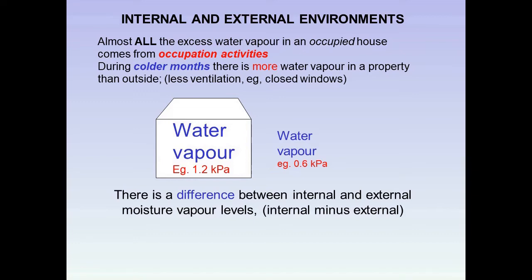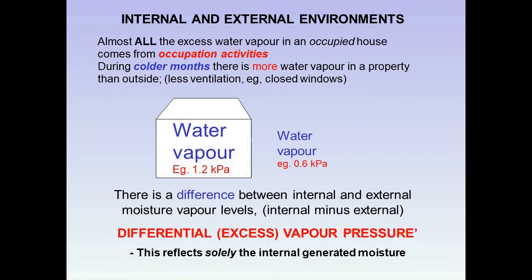That is, internal minus external. This difference is very useful, and it is known as the differential or excess vapour pressure, and it reflects solely the internally generated moisture, because from the internals we're taking away the externals.